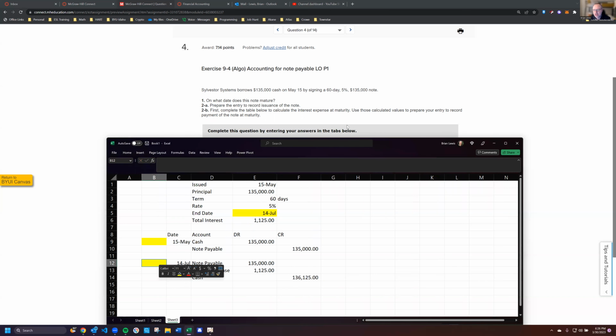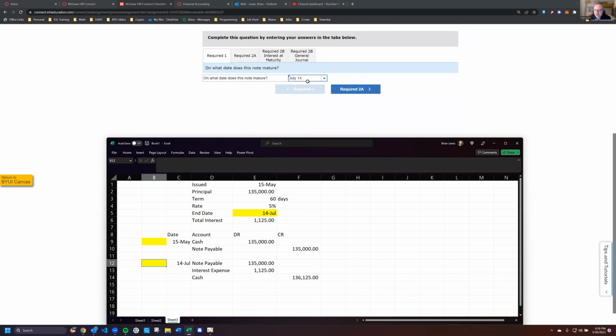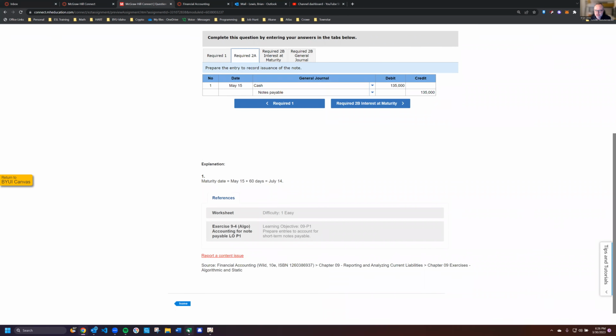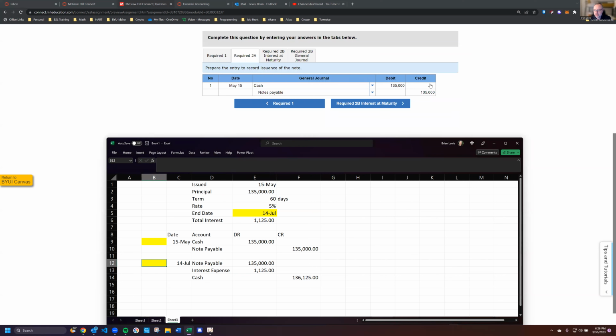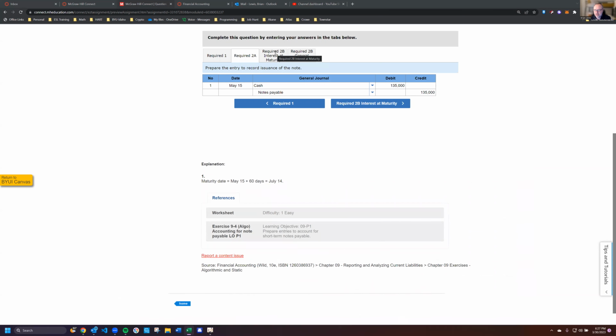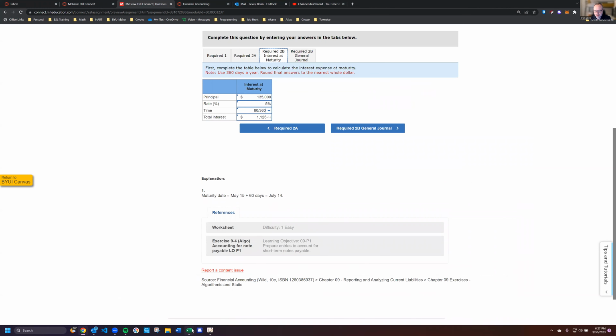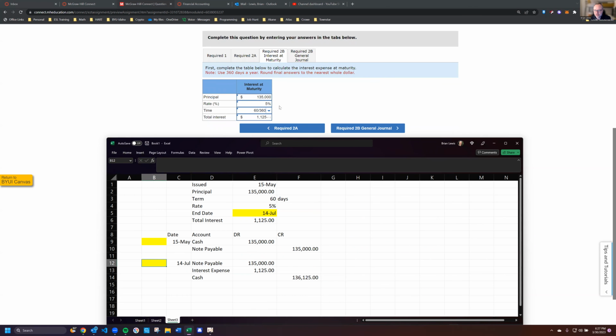Okay, so let's look at how we did. July 14th, that's good. Requirement number 2, record the entry: cash, notes payable. I forgot the S, but notes payable. Record the interest at maturity. What is the interest at maturity? We got the same thing: 135,000, 5%, 60 over 360 gives you 1,125.